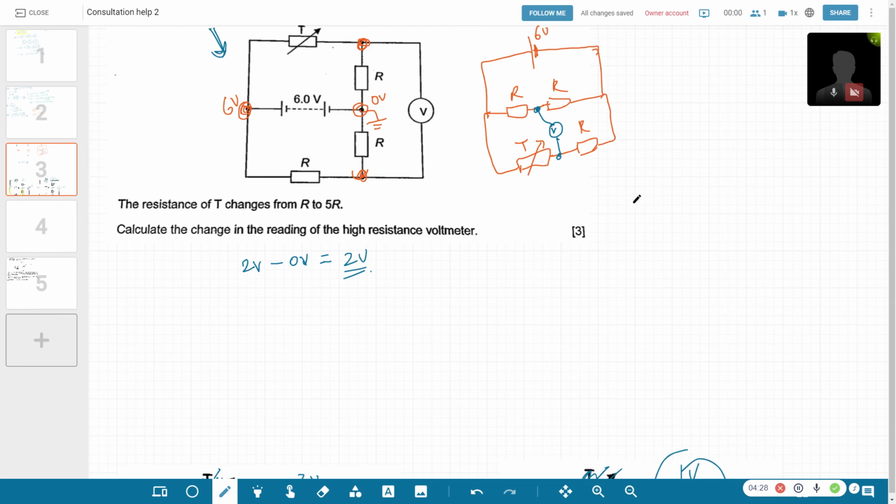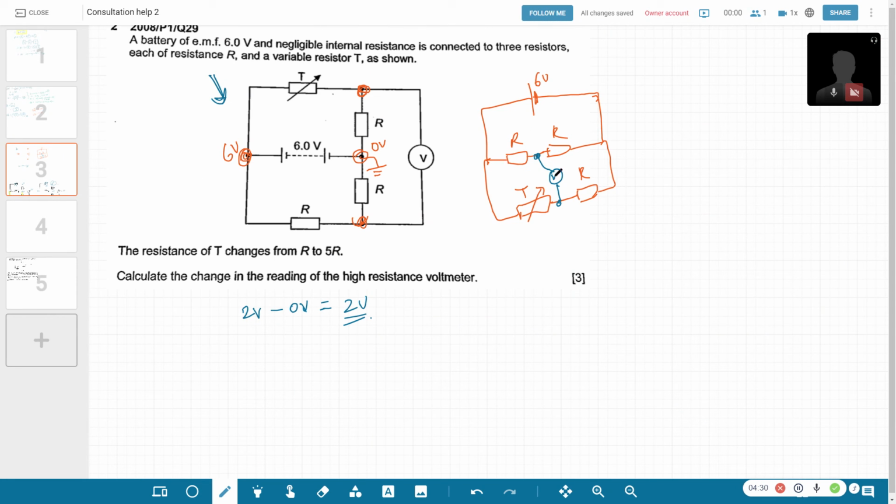Okay. Now you can actually see the same thing here. When this is R, it will be 0, because you have all four the same resistors. But when this is 5R, you'll get something like R, R, 5R, and R. Same thing, you're going to get 6 volts here and 0 volts here.